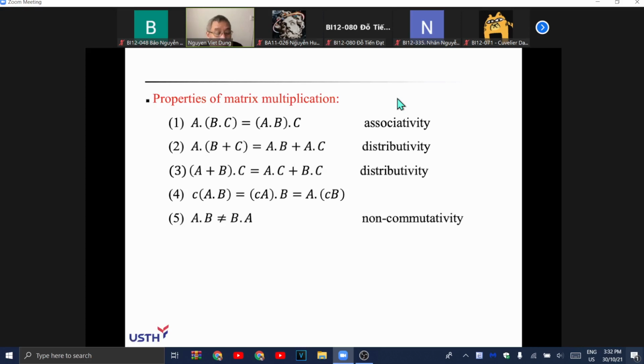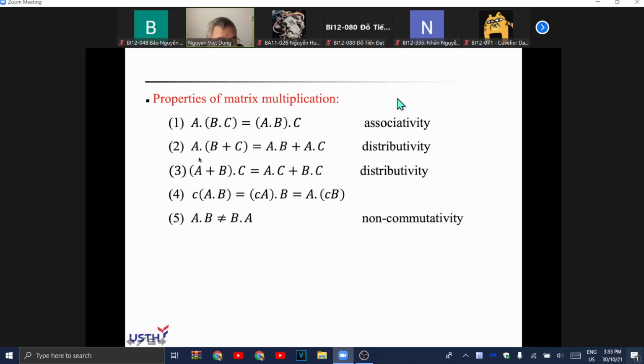And here are some properties for matrix multiplication. The first one is: if we multiply B and C first and then multiply by A, it equals A multiplied by B and then multiplied by C. That is the property of associativity.